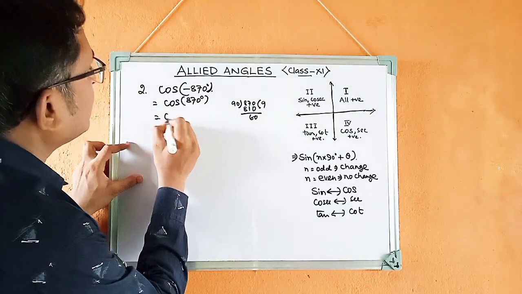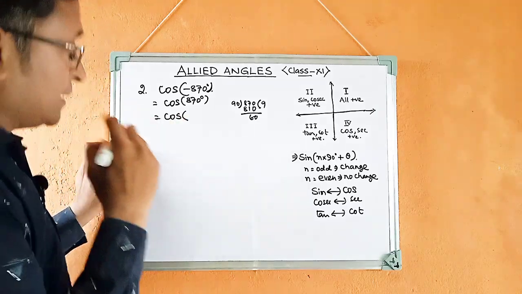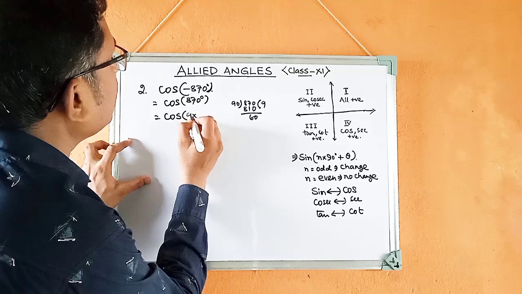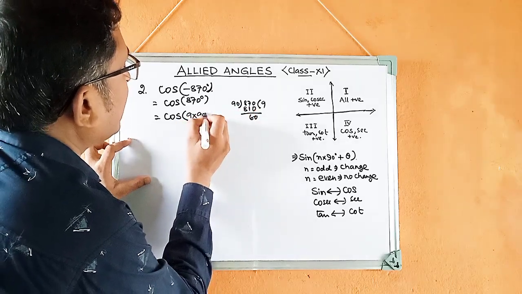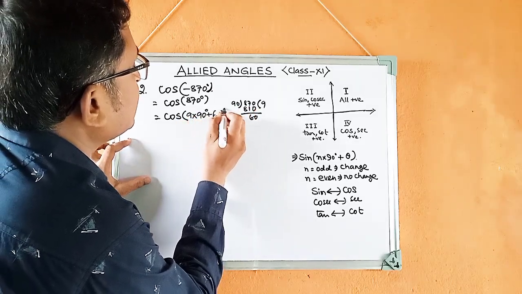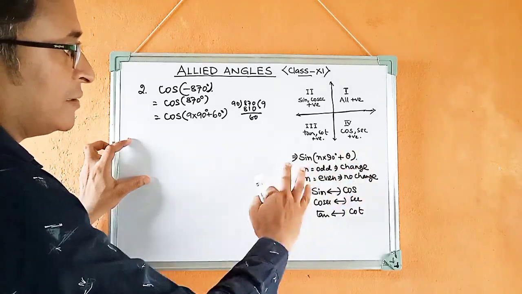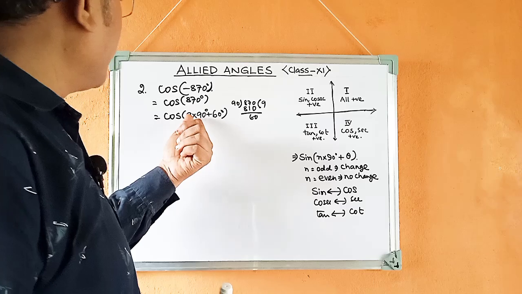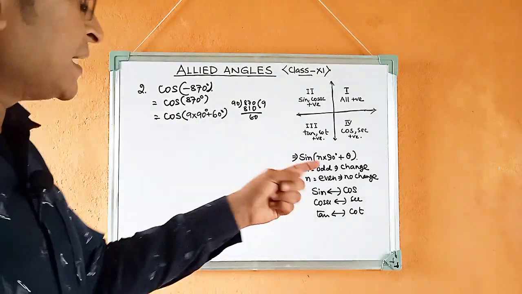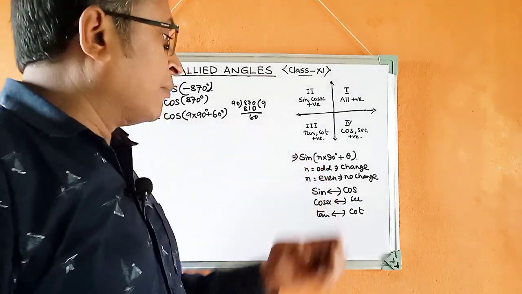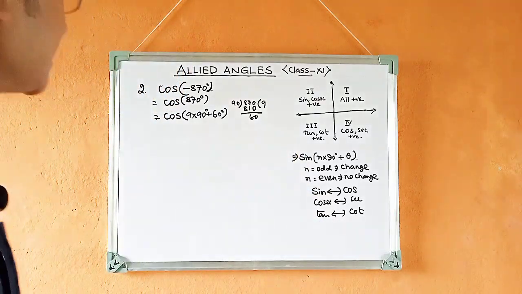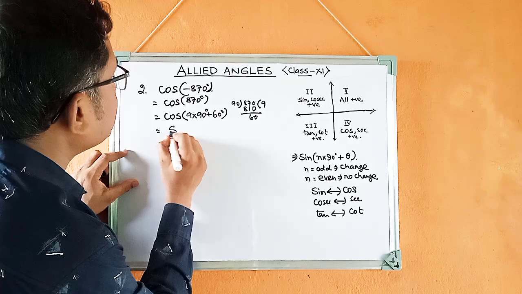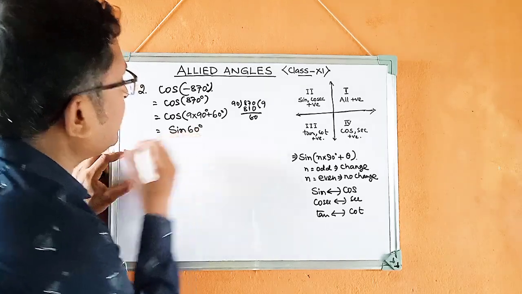So instead of 870, we write cos 9 into 90 degree plus 60 degree. Look at this format. Now next, look at the n. Here n is 9. That means n is an odd number. 9 is an odd number. That means the parameter changes. So cos changes to sine. Now you write sine 60 degree.